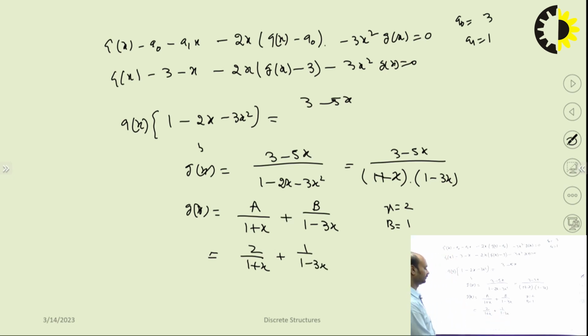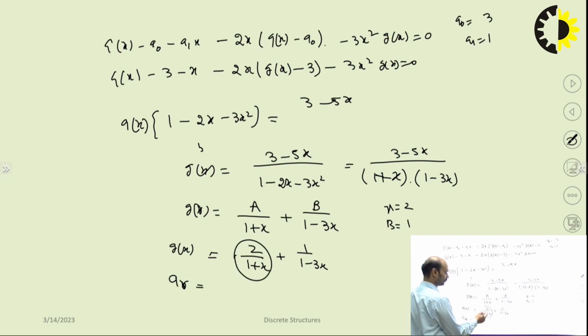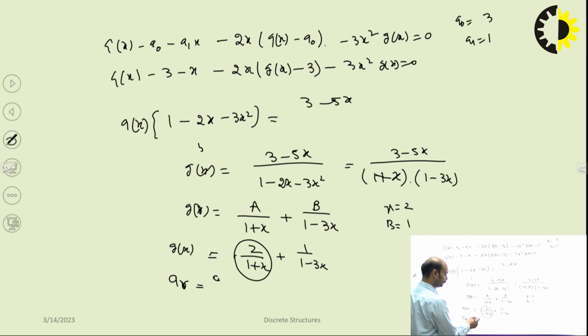So we convert this particular generating function into the explicit formula for a of n. So what is the value of a of r? This is the particular formula where 2 is the coefficient. So we can write this 2 into minus 1 to the power r, and this formula for 1 into 3 to the power r.